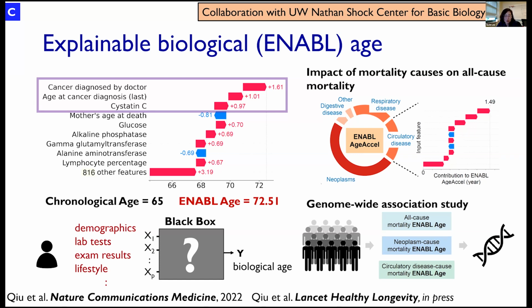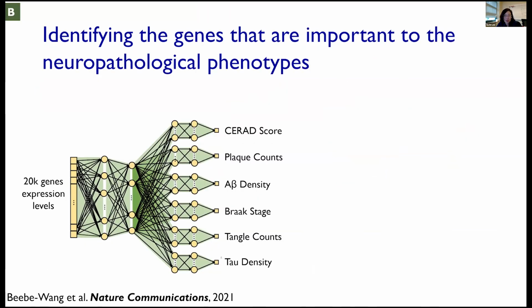So quickly, just to show you what explainable AI can do in the field of Alzheimer's disease biology. Let's say we use a multitask deep neural network to accurately describe these complex relationships between 20,000 gene expression levels. The input layer would be 20,000 gene expression levels, and say you consider 6 AD neuropathological phenotypes, including CERAD score, plaque counts, amyloid beta and tau levels and so on.